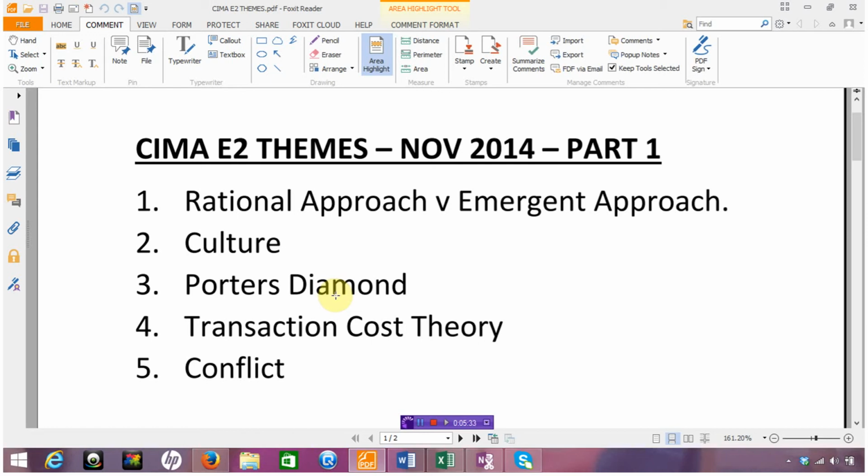So, if Porter's Diamond does come up, aside from us having to rote learn those key elements, those four elements, and obviously the two outside as well, government intervention and chance events, it's really applying that diamond and those elements to the scenario that you're given. And there will be various hints within the scenario that you should be able to pick up.